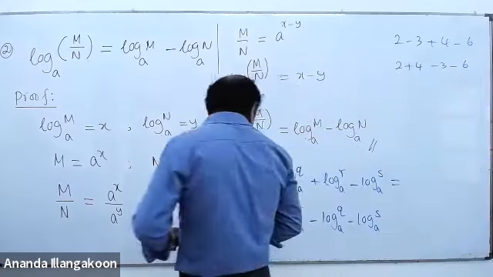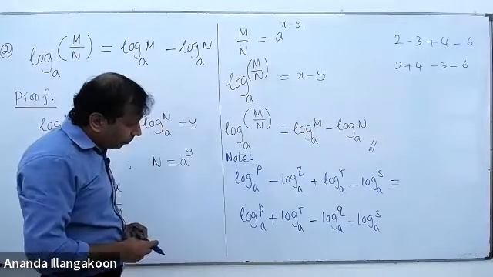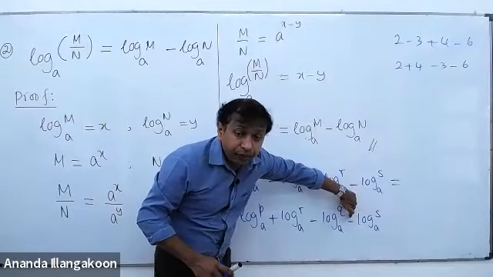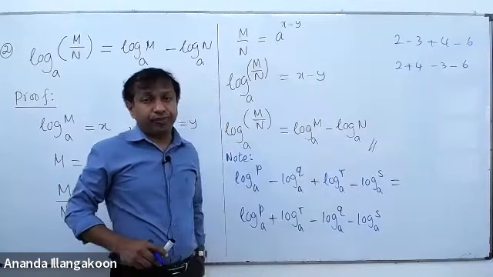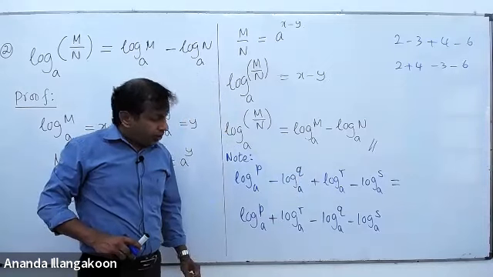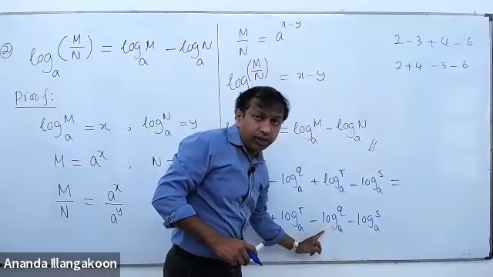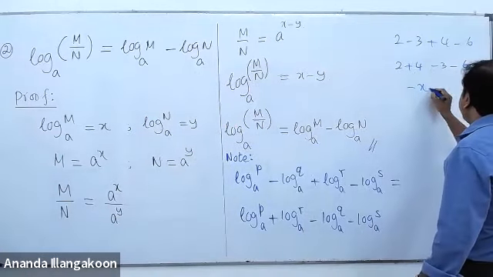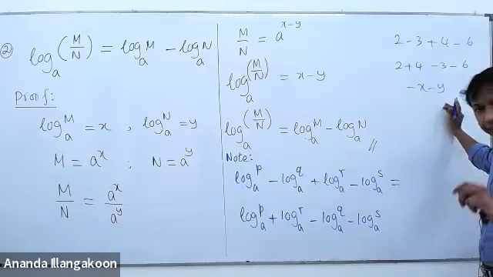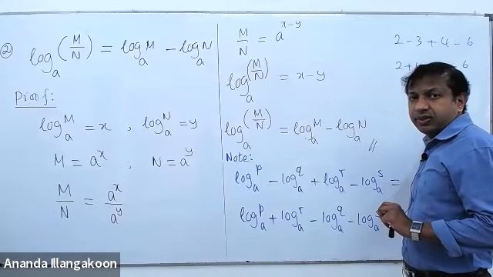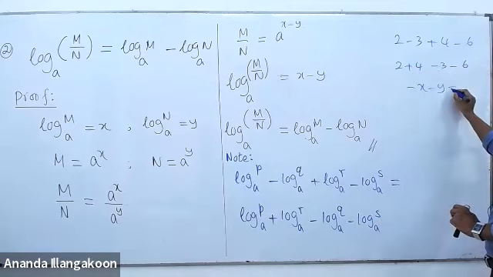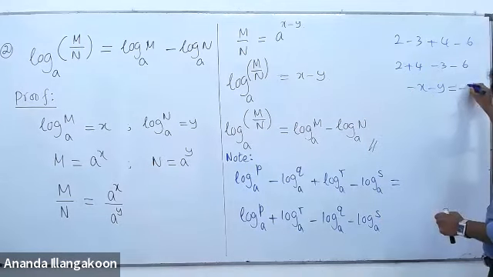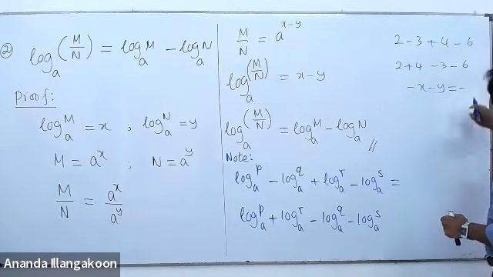Right. Now, the next line I am going to do, people: these 2 log terms, this log term has a minus sign, this log term also has a minus sign. That minus sign I take out from a bracket. You know, when we have minus x minus y, under the factor lesson you have learned, when you take this minus sign out, it means we take minus 1 out. Minus 1 means minus sign.